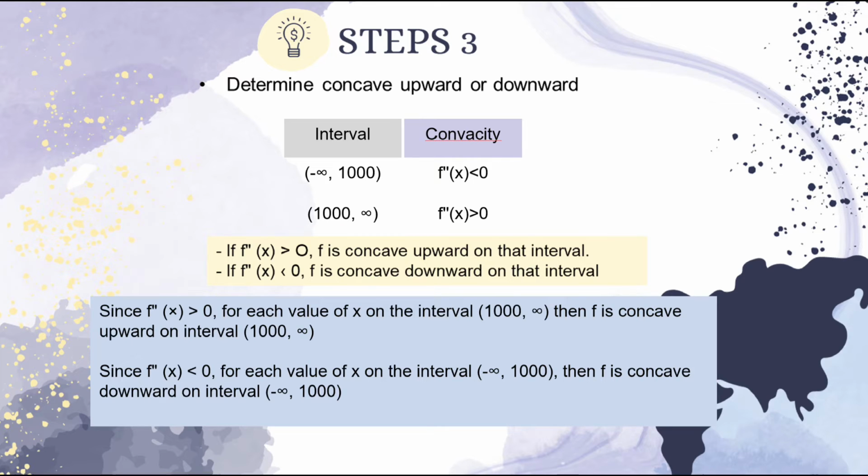We can see here, since f double prime x is greater than 0 for each value of x on the interval 1000 to infinity, then f is concave upward on the interval 1000 to infinity. Since f double prime x is less than 0 for each value of x on the interval negative infinity to 1000, then f is concave downward on the interval negative infinity to 1000.